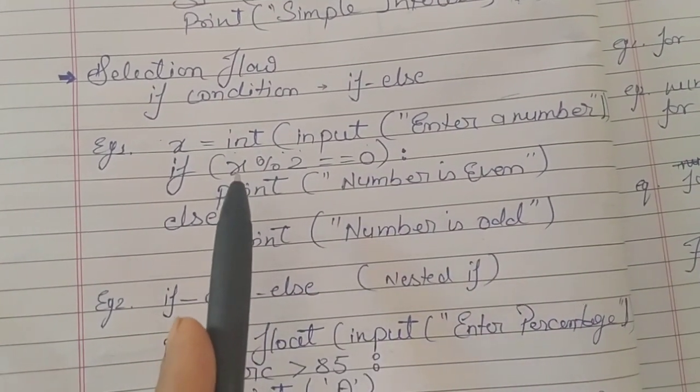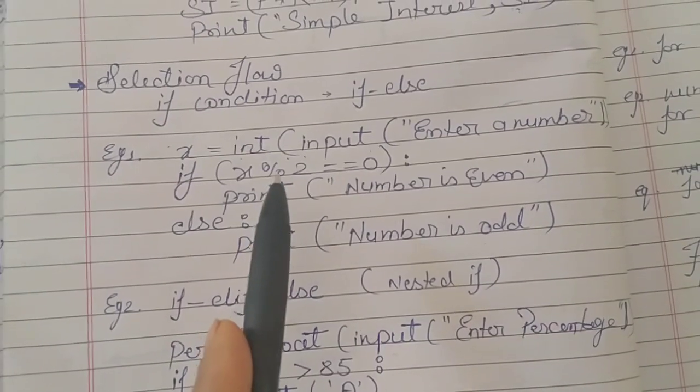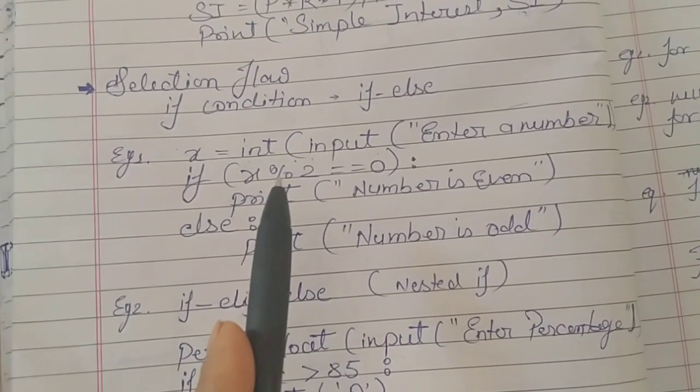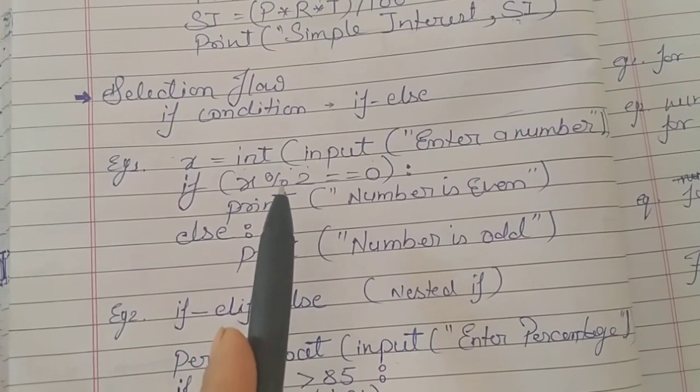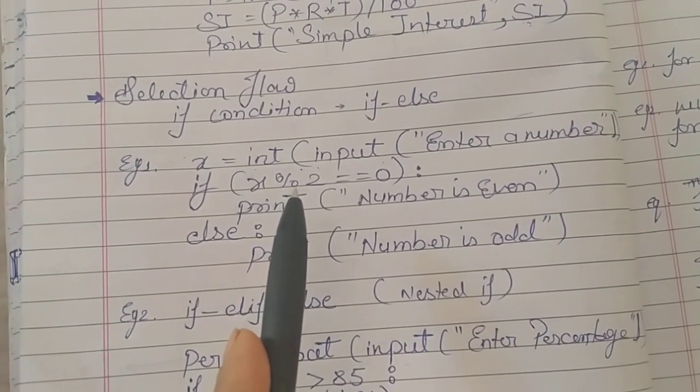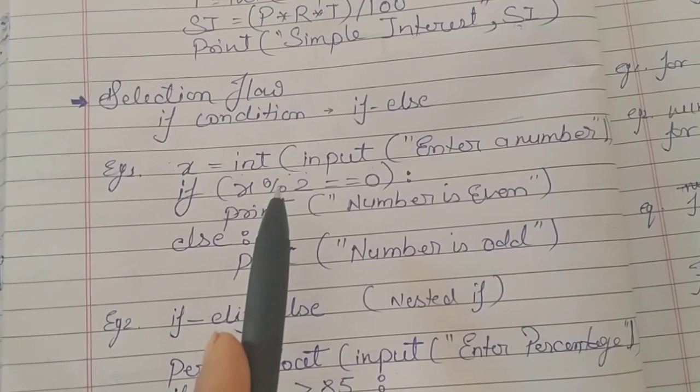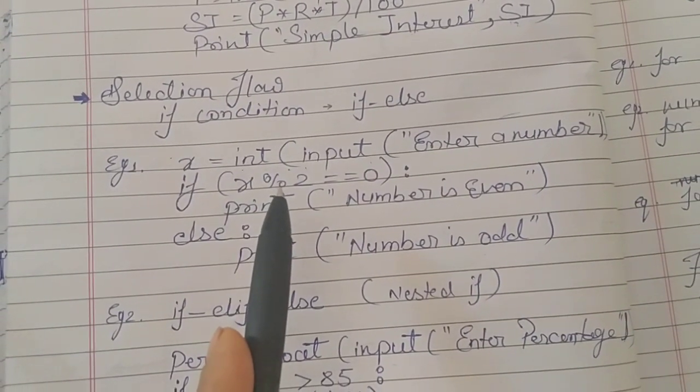Now x is a variable, and the modulus operator you are familiar with. This modulus operator is actually nothing but the operator which extracts the remainder after division, because in this program we are interested only in the remainder.